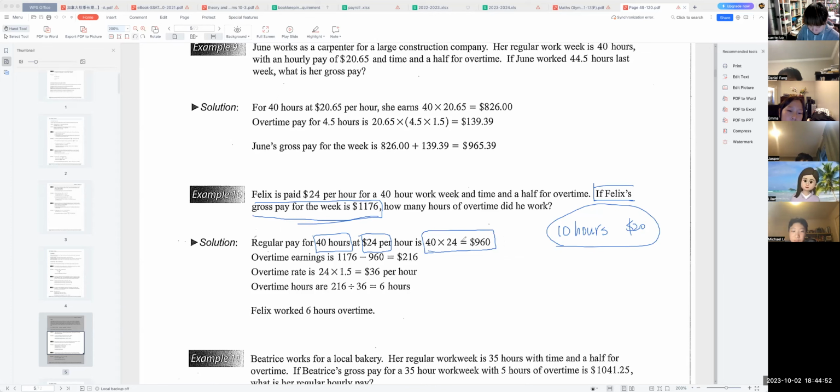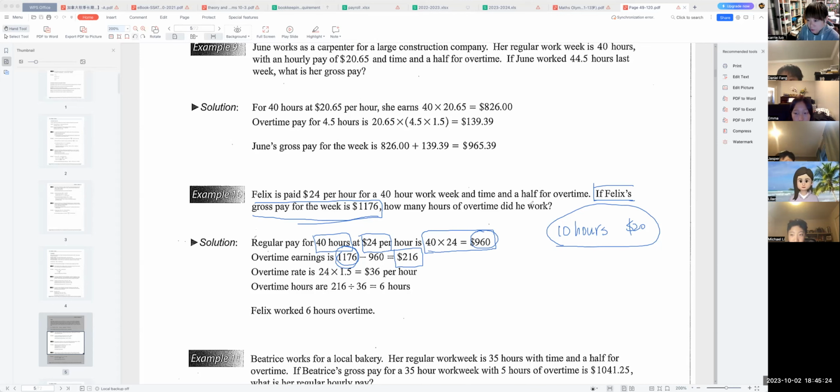Felix's gross pay for a week is $1,176. So that means if he only worked 40 hours, he should only get 960. But instead, he gets this money, right? So there's $216 we don't know where it comes from. Get it, Michael? So we need to find out where this $216 comes from.